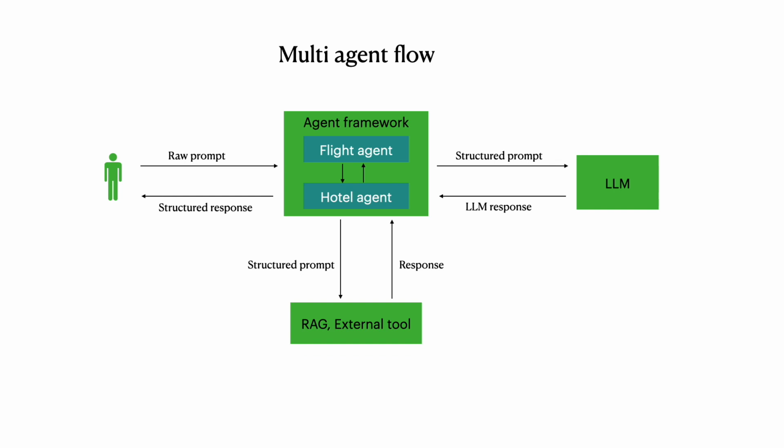The agent framework has a capability to create multiple agents, and they start working on different tasks. Like, you can create one flight agent which will check flights for a particular destination, and the hotel agent will check what locations are available near the destination.